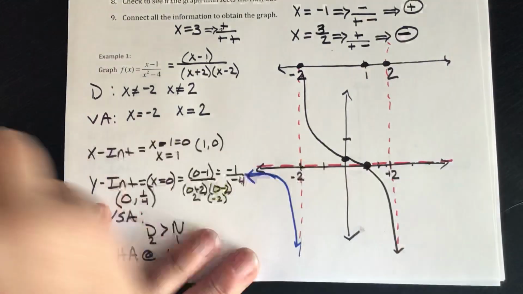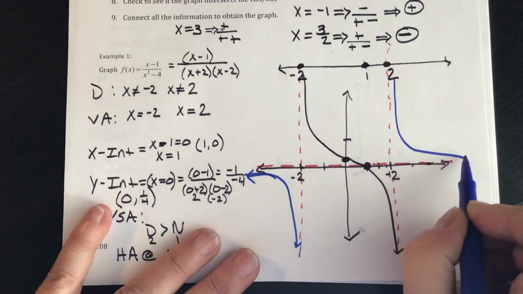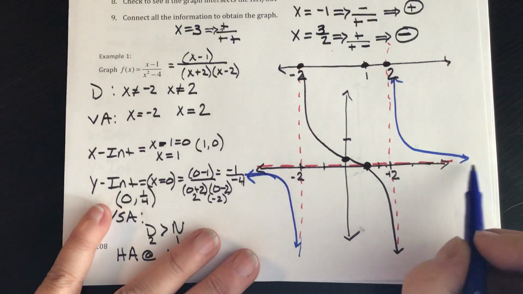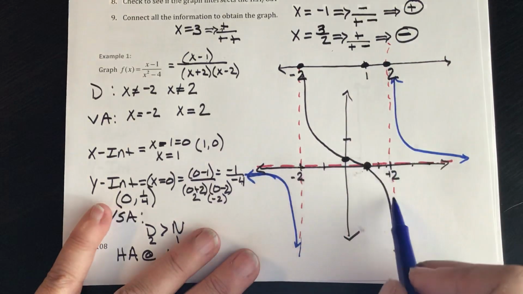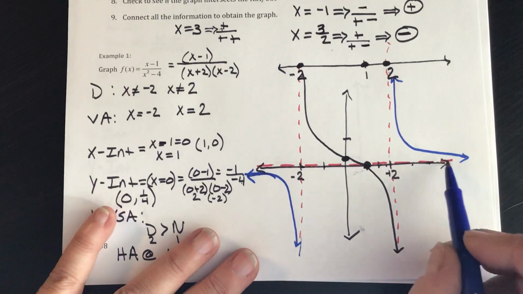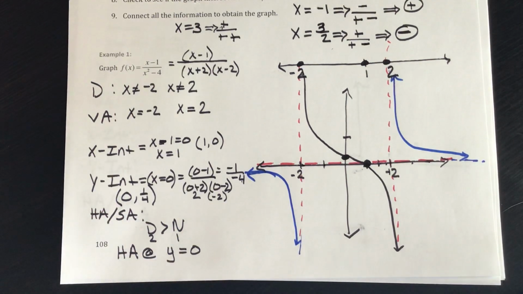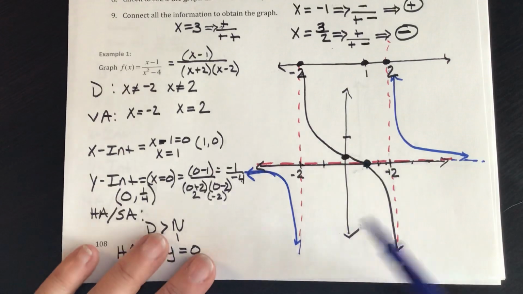So that's going to look like this. Because all my values have to be positive to the right of 2, it's going to approach our vertical asymptote, and it's going to approach our horizontal asymptote, because that's the dividing line between positive and negative. All right, so this is kind of what our graph looks like here.